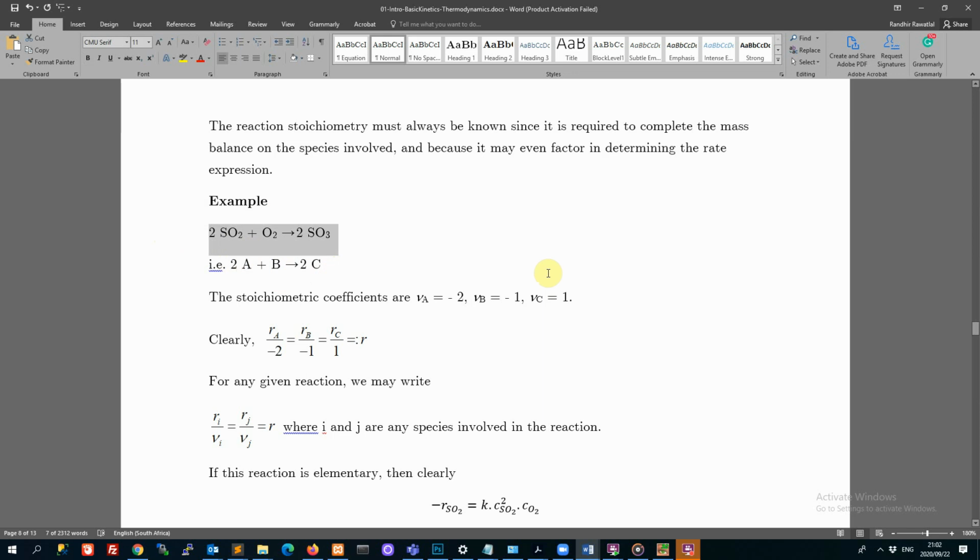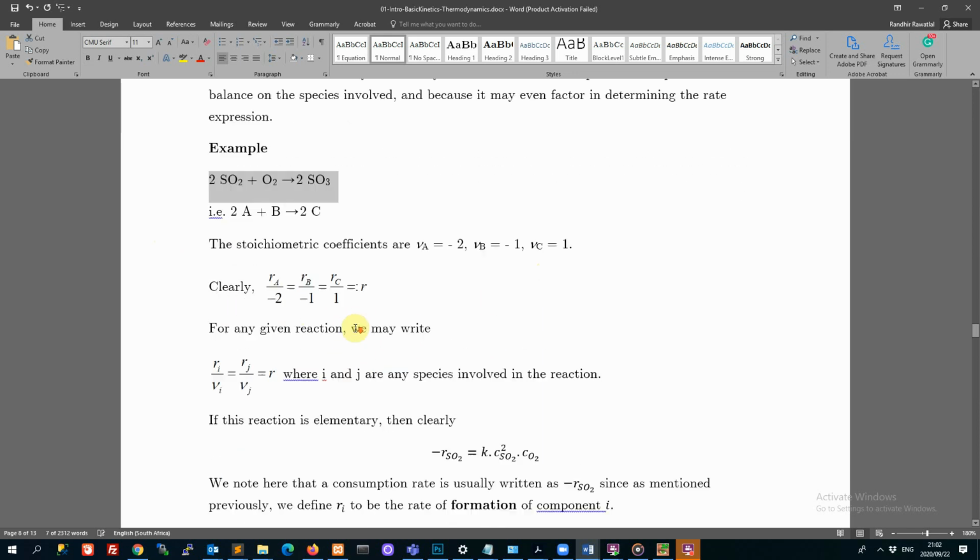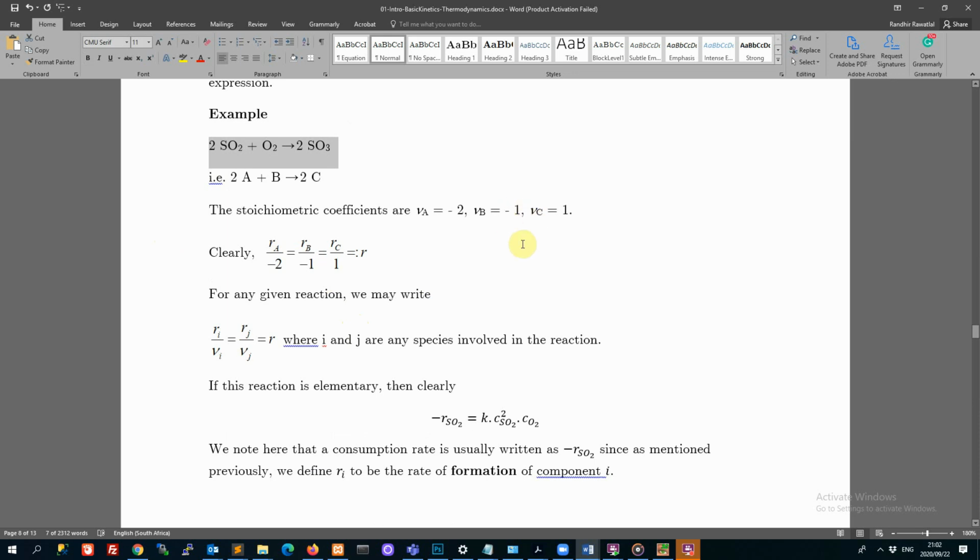And if we follow the general formula that we introduced earlier, R_i over nu_i equals R_j over nu_j, then we can rewrite it like this. The rate of formation of A divided by -2 equals the rate of B over -1 equals the rate of C over 1. So anyway, that's there. And then we'll talk about the reaction being elementary.